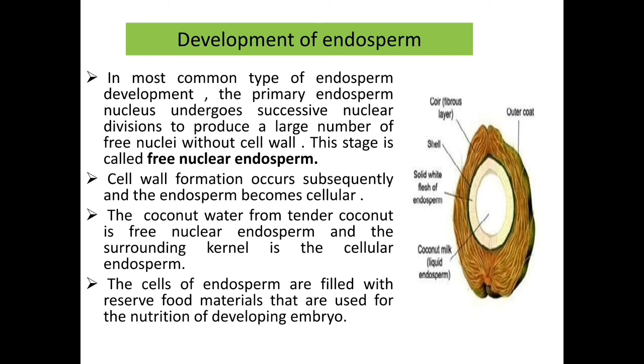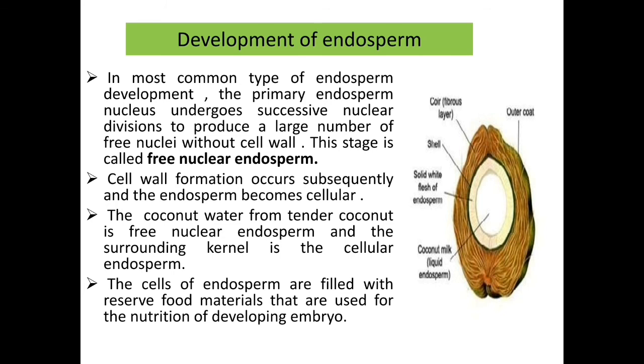So what is the importance of endosperm? The importance of endosperm is that it stores food material, and this food material is used by the embryo for its development. Okay, so this is the way endosperm develops.